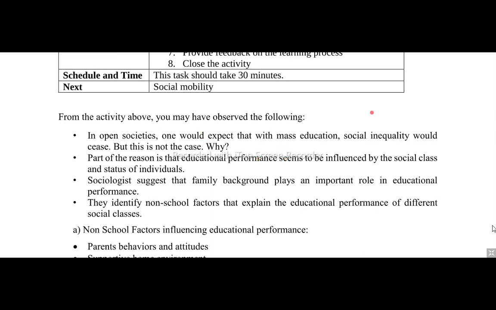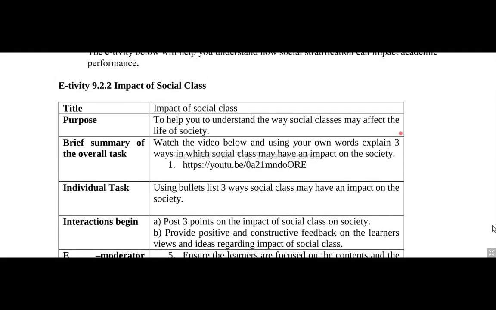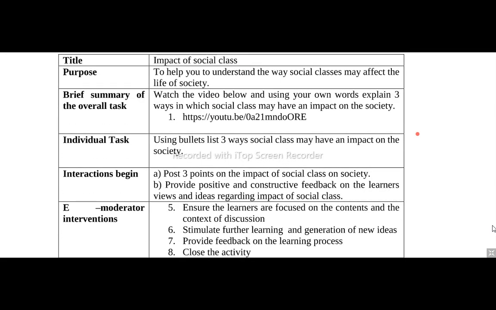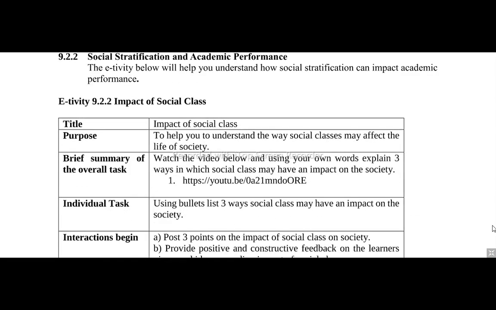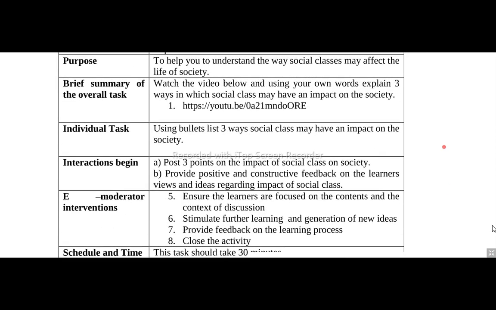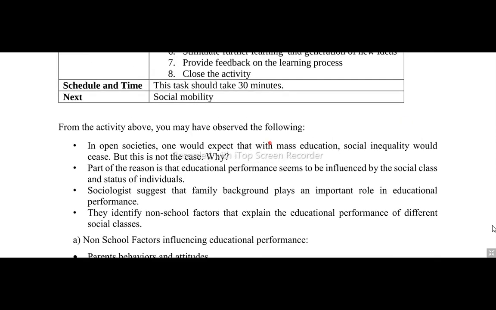So we are looking at the different divisions in the society, social class, and how education and academic performance may either hinder or better the performance of students. Impact of academic performance because of the social class.